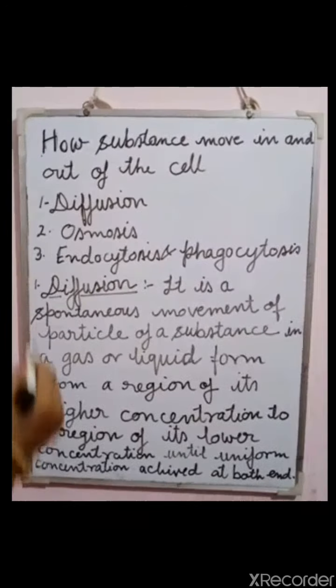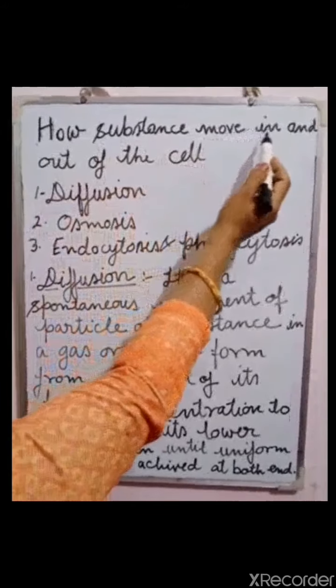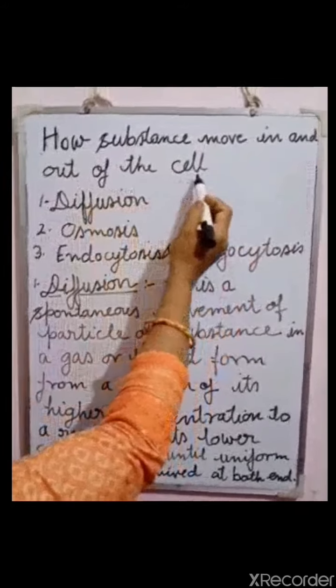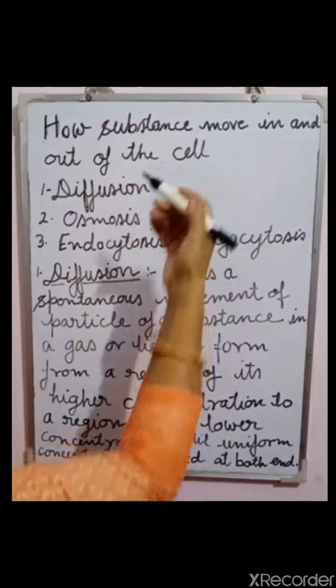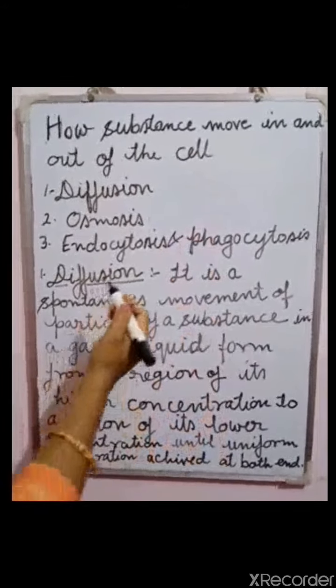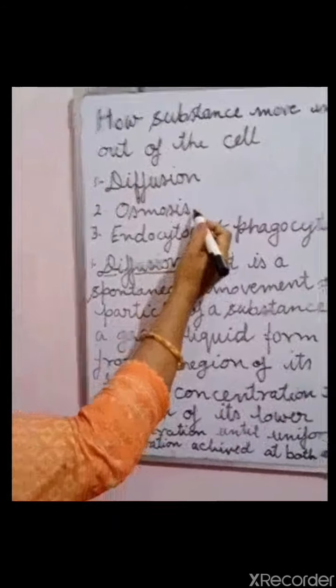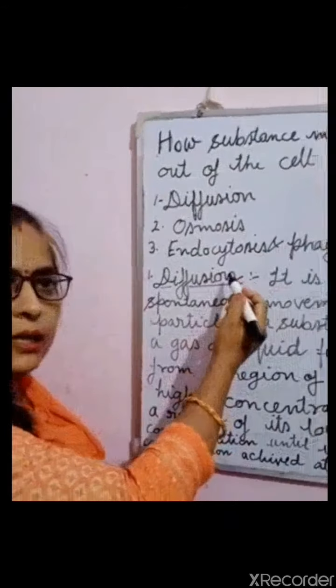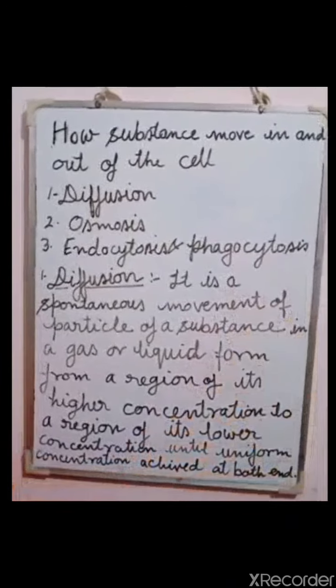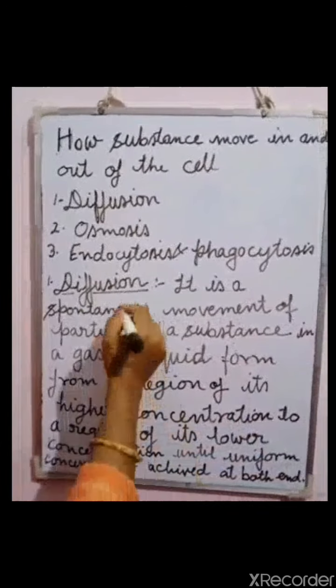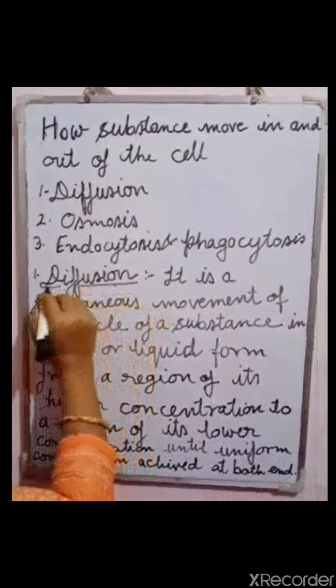Now come to the topic, how substances move in and out of the cell. There are three ways in which substances move in and out of the cell. First is diffusion, second is osmosis, and third is endocytosis and phagocytosis. First we will discuss diffusion.